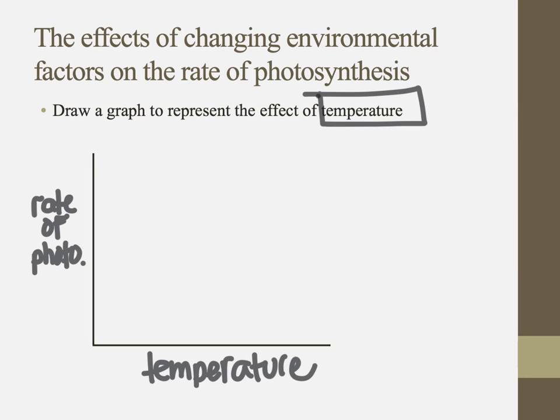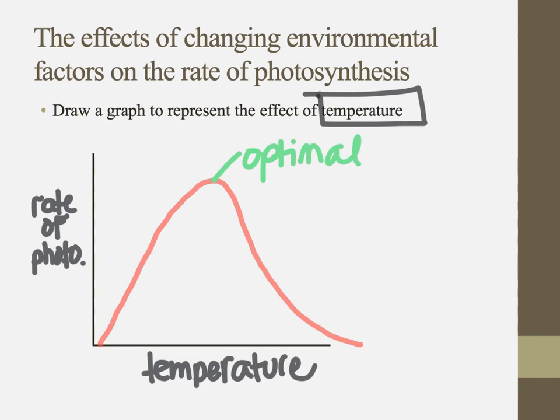So here's our general trend. It's very similar to the one in enzymes. We're going to see a linear increase, some kind of optimal temperature, and then a pretty swift drop off here. So let's label, this is my optimal temperature.